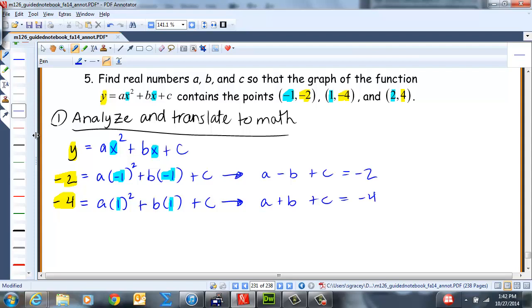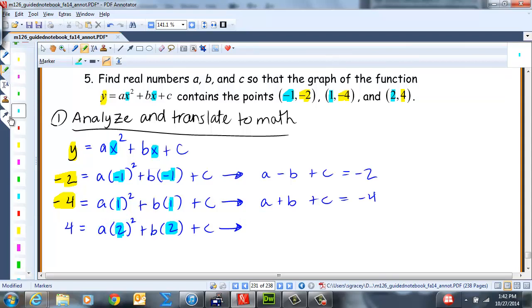And then our last one, 4 is the y value and 2 is the x value. And we'll get 4a plus 2b plus c is equal to 4.